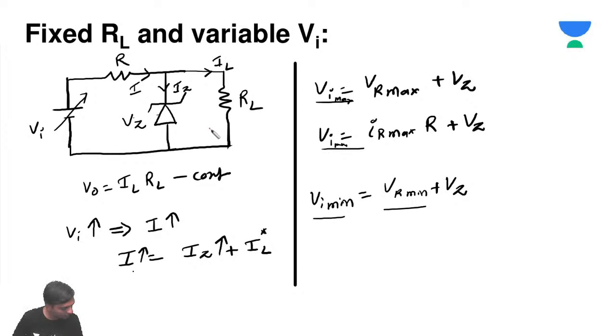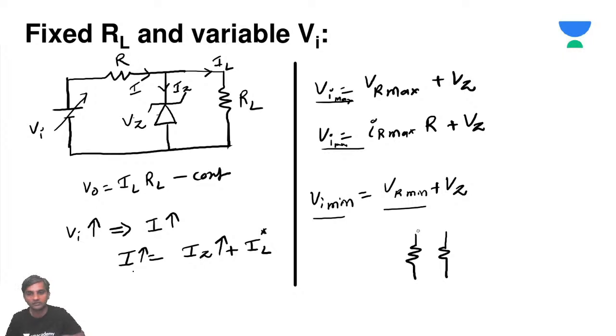V input is parallel to VZ? Who told you V input is parallel to VZ? It is not parallel, because in between you have a resistance. Parallel means you should not have anything in between.